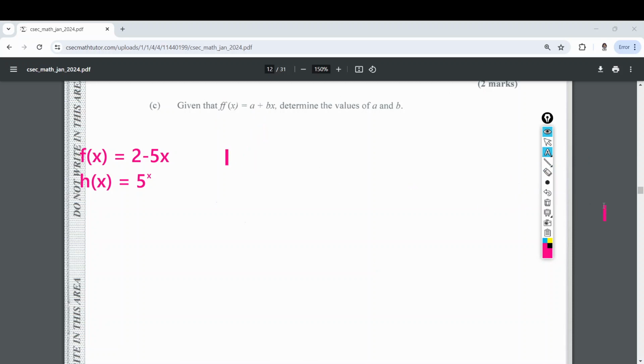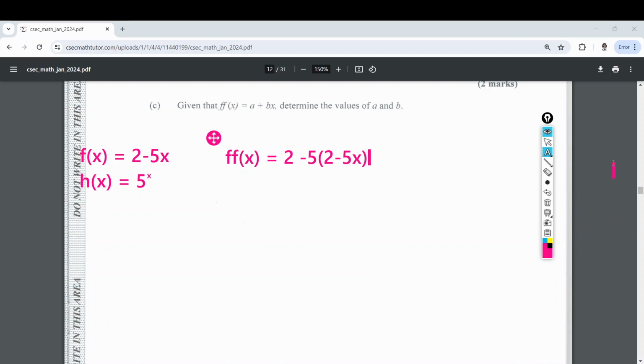Well, guys, f of f of x would be equal to 2 minus 5 times 2 minus 5x, because we put the function in itself, right?